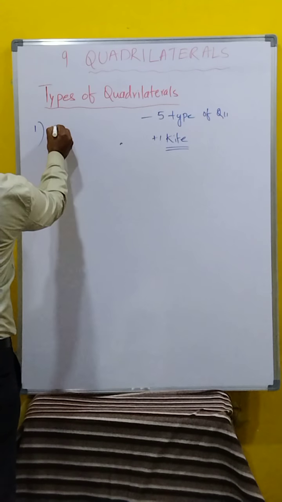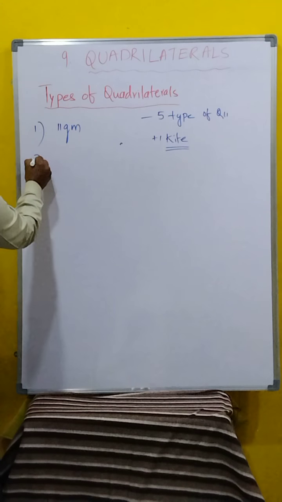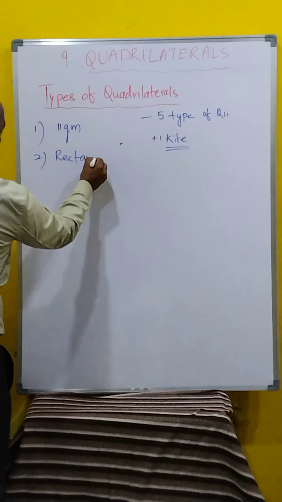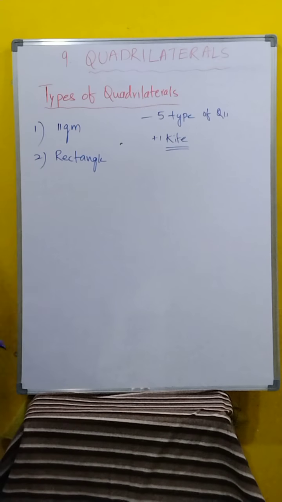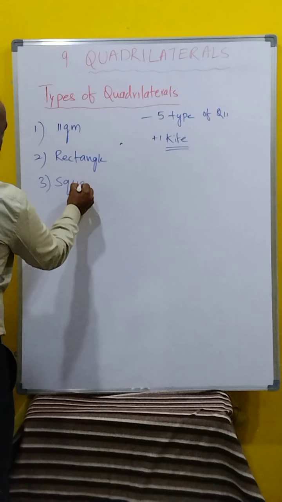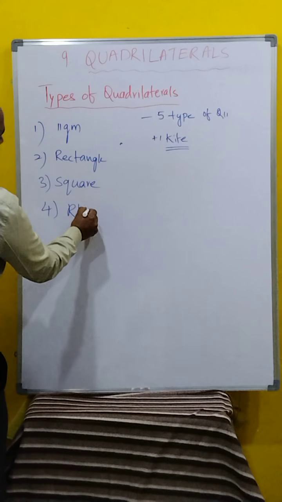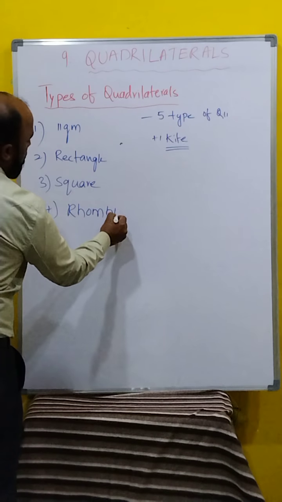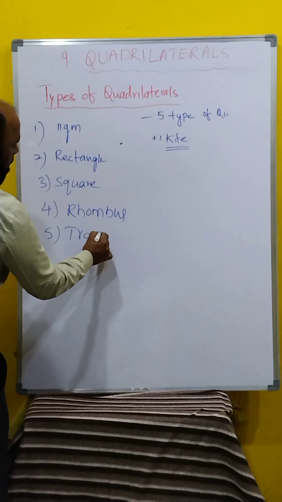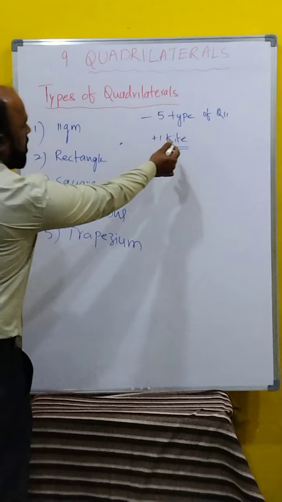First one is parallelogram, and second one is rectangle, next square, next rhombus, next trapezium, next last one, what is here?